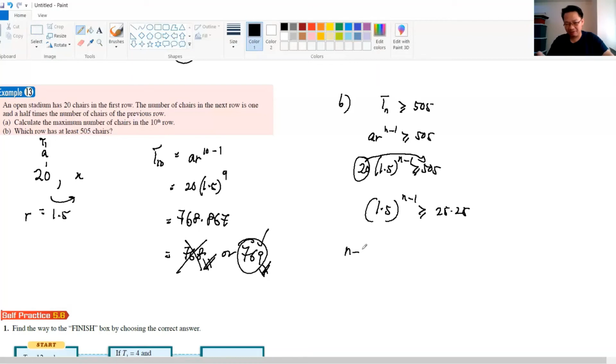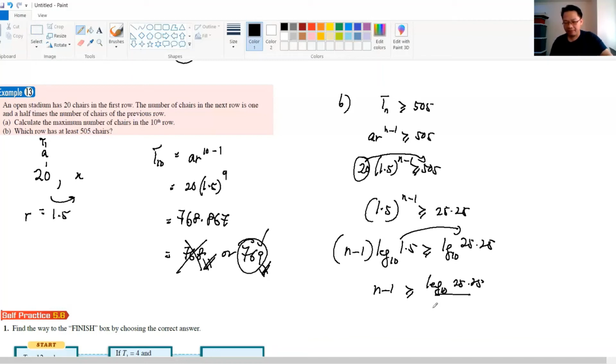Refer back to your chapter 4. The power we bring forward. So n minus 1 times log 10 of 1.5 is more than or equal to log 10 of 25.25. So n minus 1 is more than or equal to log 25.25 divided by log 1.5.